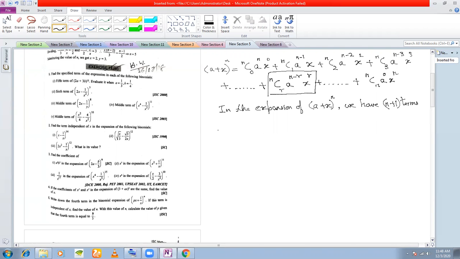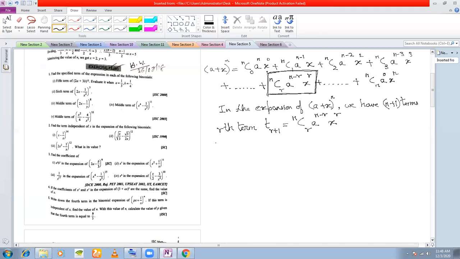Therefore, the rth term of a binomial is this term. And because we have n + 1 terms, this rth term is given by T(r+1) = nCr a^(n-r) x^r. This is your rth term.